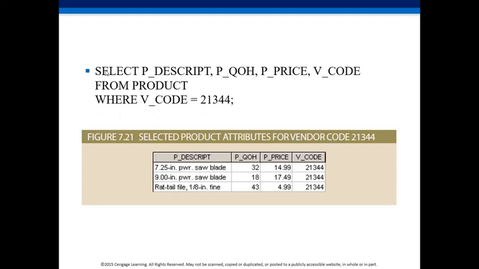So from all the rows returned from product, it will show the description, quantity, and price of that V-code.